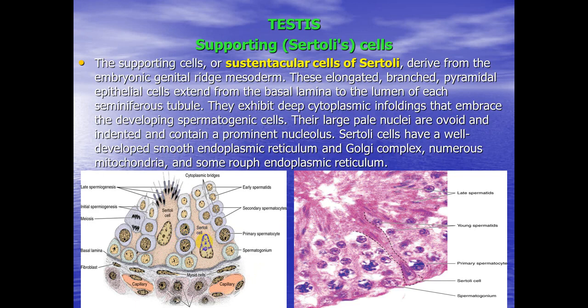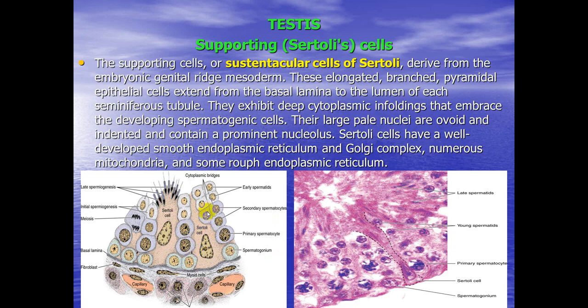These cells have cytoplasmic enfoldings, and you see that spermatogenic cells occupy these enfoldings on the outer surface of the Sertoli cells.